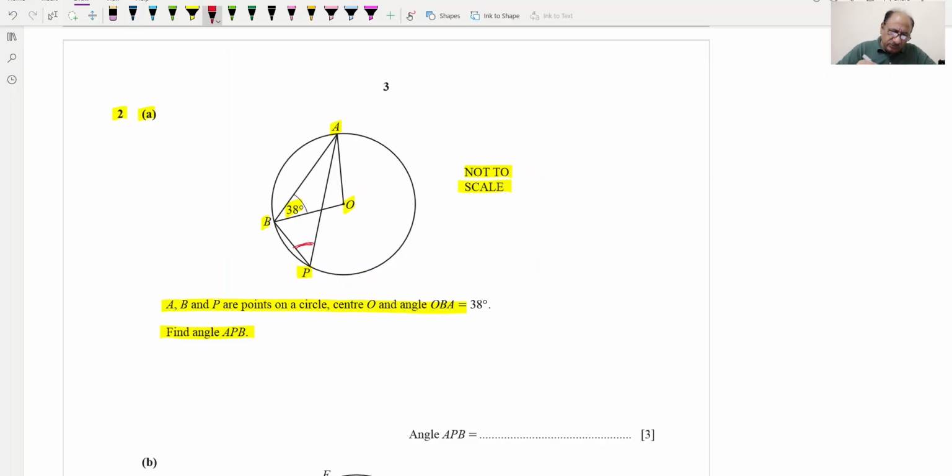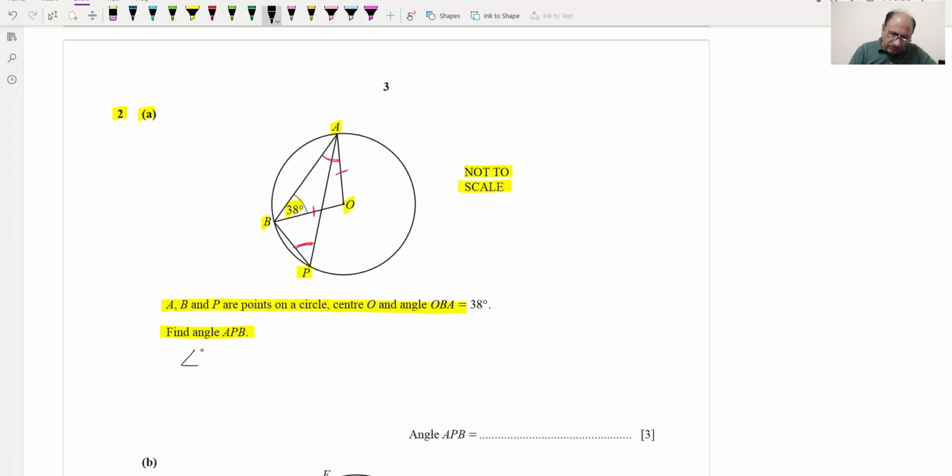For this one, if we first consider this triangle, we can check this angle which is BAO. So BAO and this 38 will be equal because OA is radius and OB is also radius, so both are radii. This is a 3 mark question, so better to write working also.